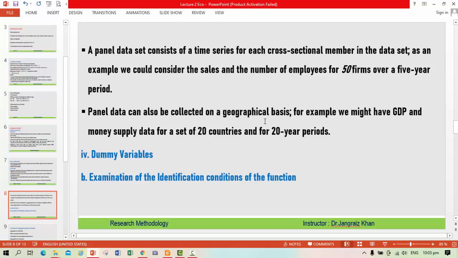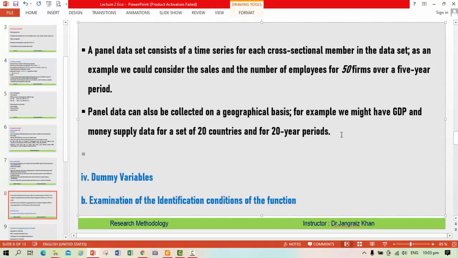We can take a simple example, the GDP data for Asian countries from 1990 to 2020.